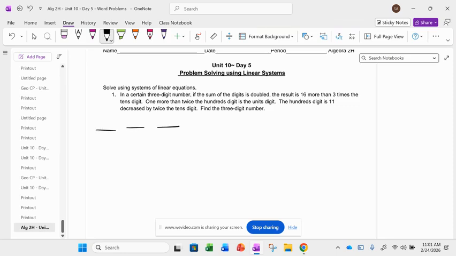If we're talking about a three-digit number, and it looks like it's comparing all of its digits, do we agree we're going to have a ones digit, a tens digit, and a hundreds digit? That's a three-digit number. So I'm going to let H equal the hundreds digit.